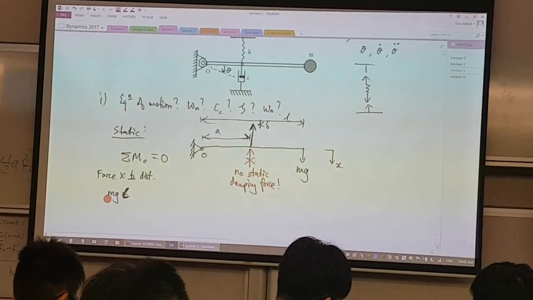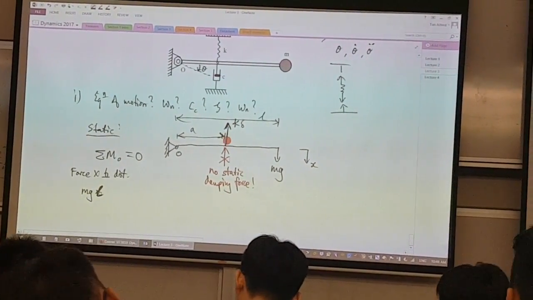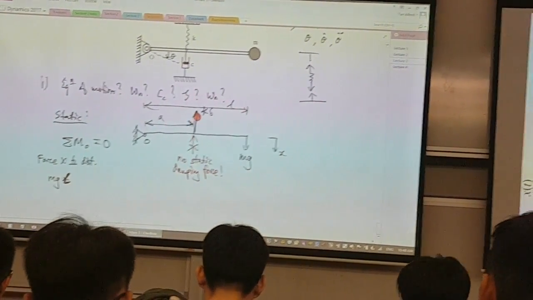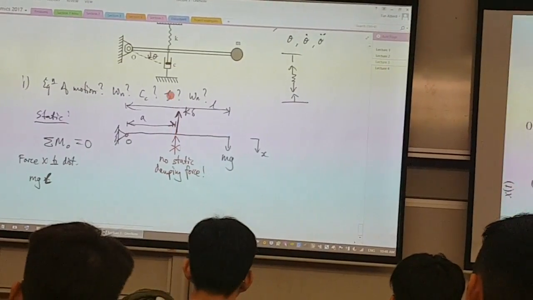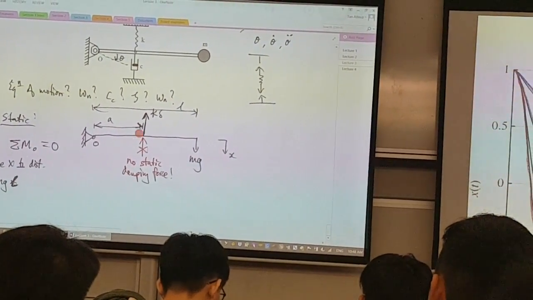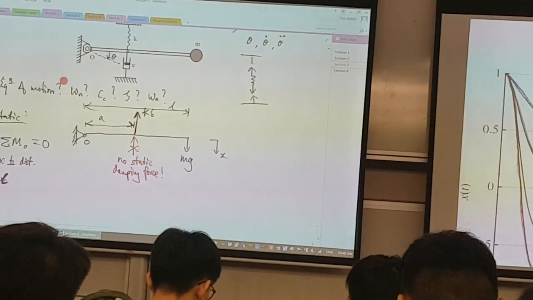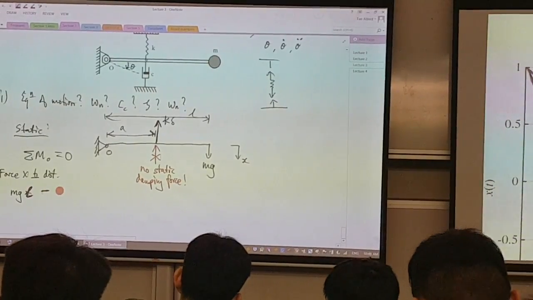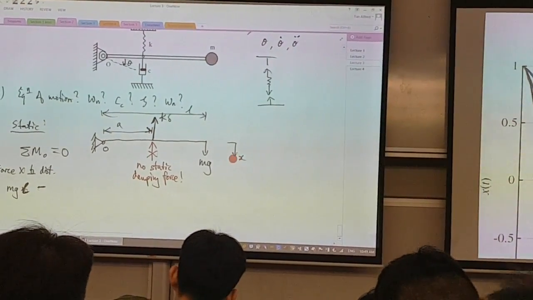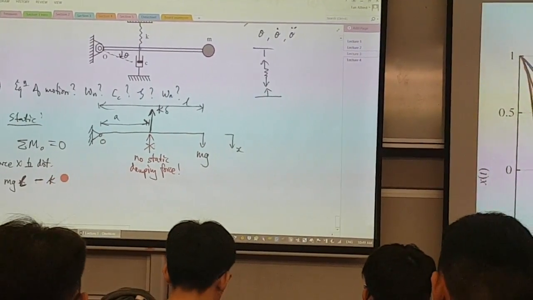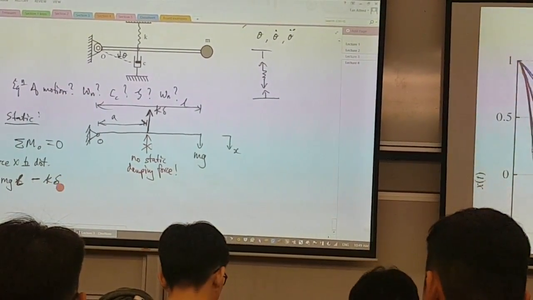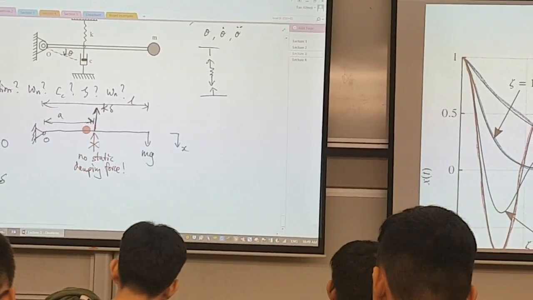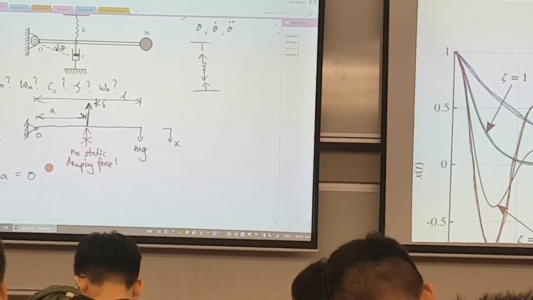The other moment comes from the spring force and is in the opposite direction of my convention, because it's rotating in a counterclockwise direction. This mg is rotating in clockwise direction. So it's minus, because it's against our convention, and k delta is the force multiplied by the perpendicular distance, that's k. So the whole thing is equal to 0.